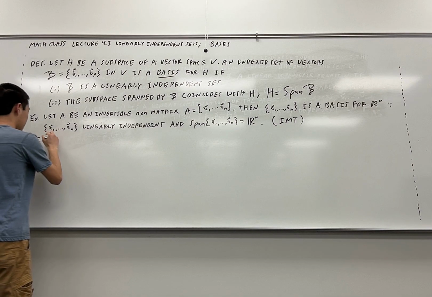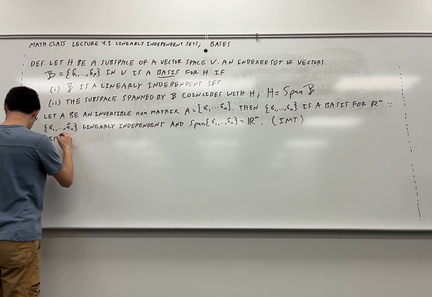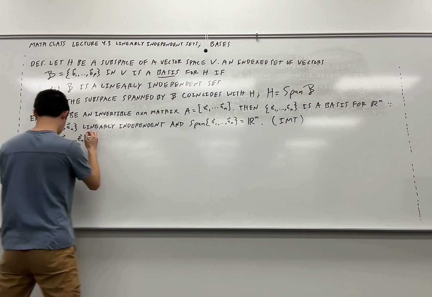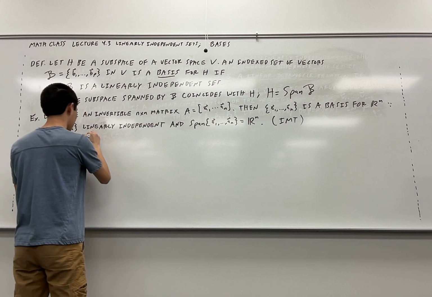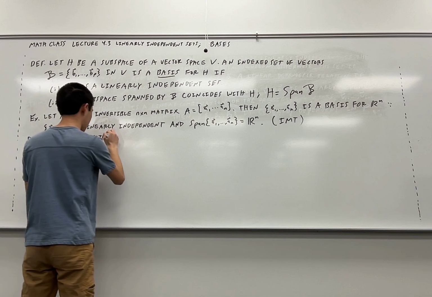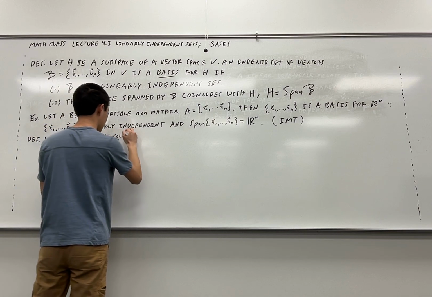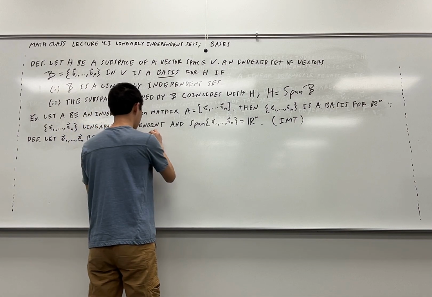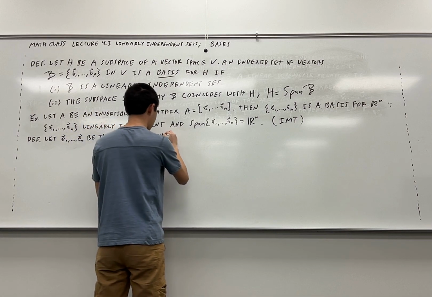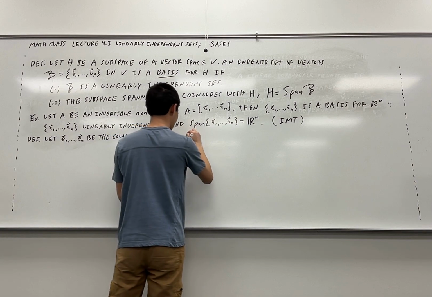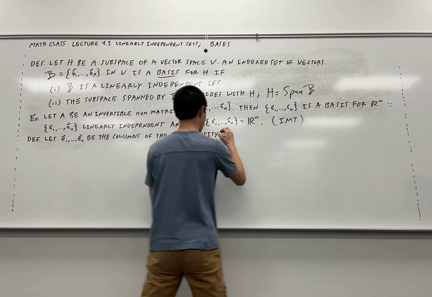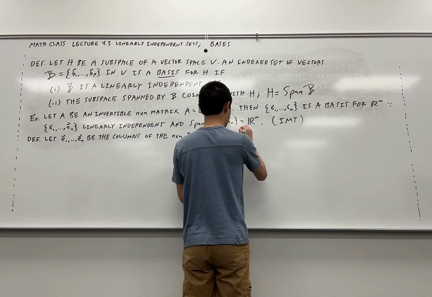Let E1 through En be the columns of the n by n identity matrix.